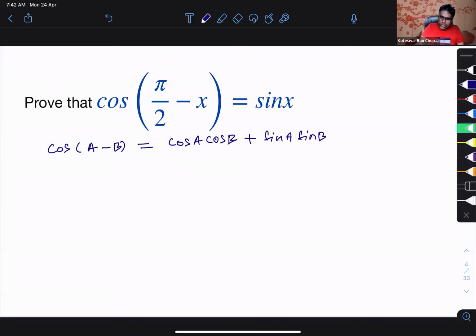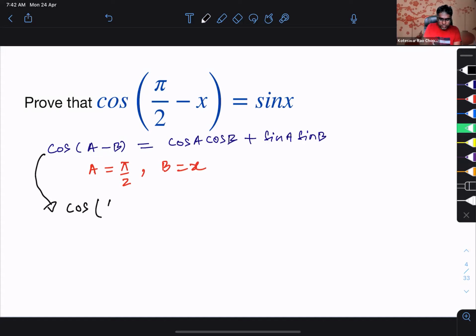Now take a look at a. Okay, so if I put a as pi by 2 and then b as x. Okay, so a becomes pi by 2 and then b becomes x. Then we can write this as cos of pi by 2 minus x.